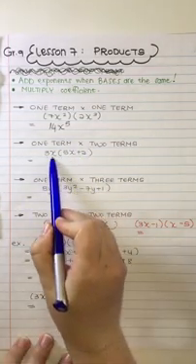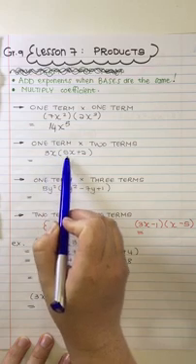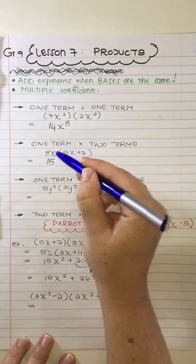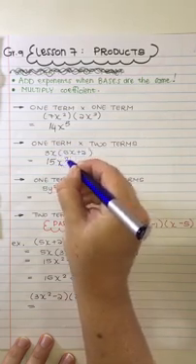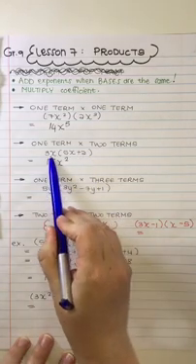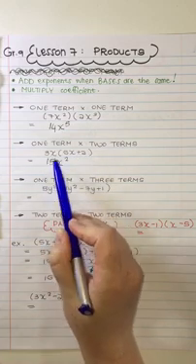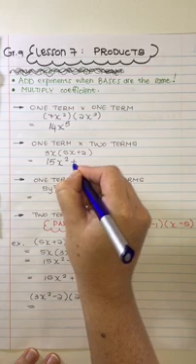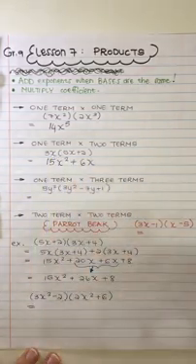So we do the first two first: 3 times 5 is 15, and we add the exponents of the x's, 1 plus 1, so x to the power of 2. Now we multiply this term with that one: 3x times 2 is 6x. Don't forget the x.